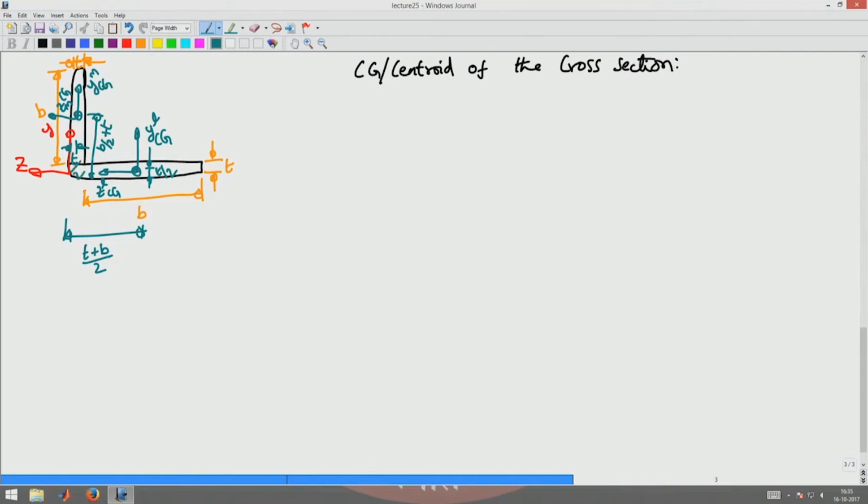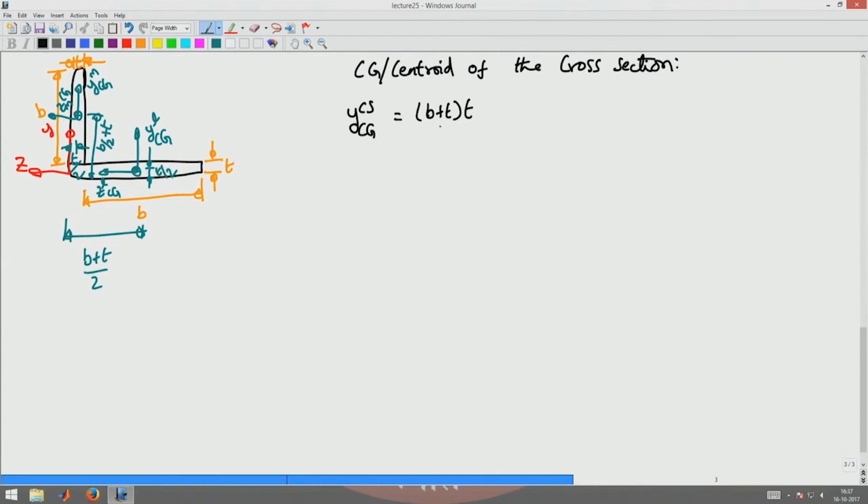So, to find the y centroid, YCG of the cross section, what should I do? I have to take the leg area, that is B plus T into T, times the centroid of the leg region along the y direction. This distance is along the y direction, so that is T by 2 as we have estimated here.